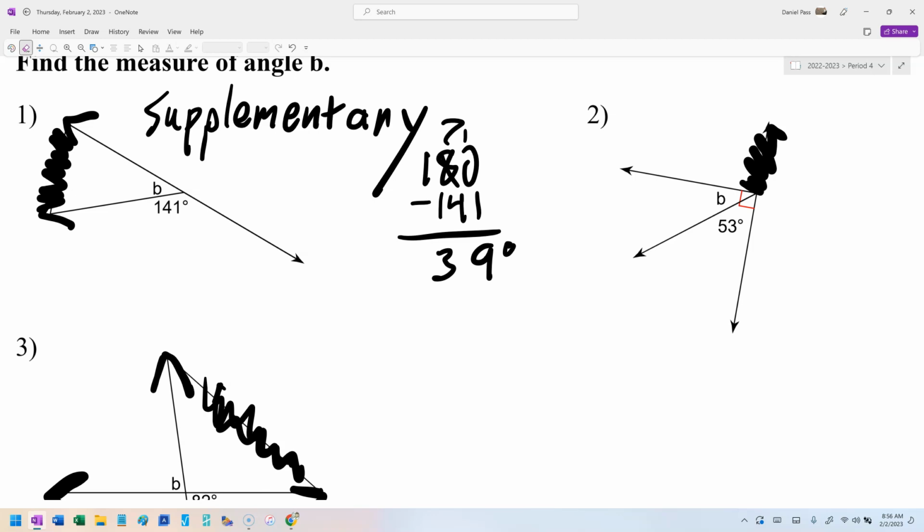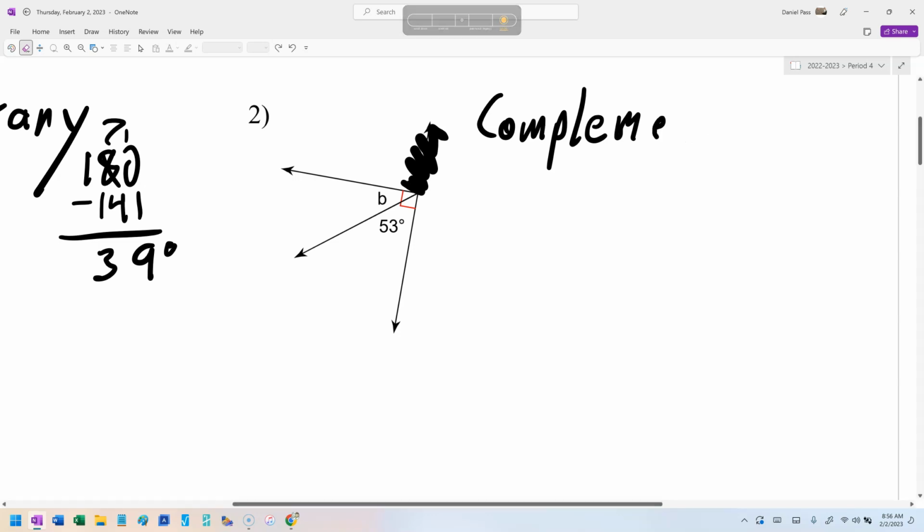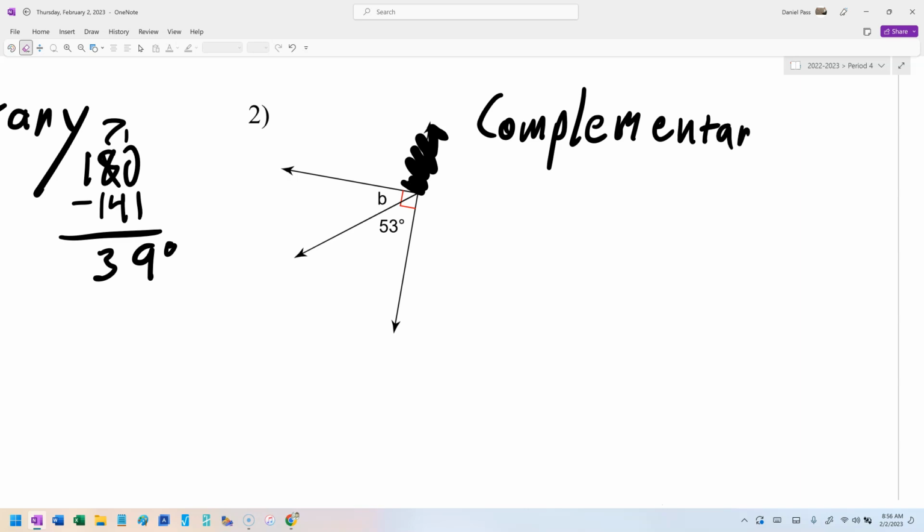So number 2, how do we do that one? Since the angle is complementary. Now, what shows you that? I didn't tell you I was going to ask this, sorry, but I know you know it. What in here shows us that it's complementary? The red box.